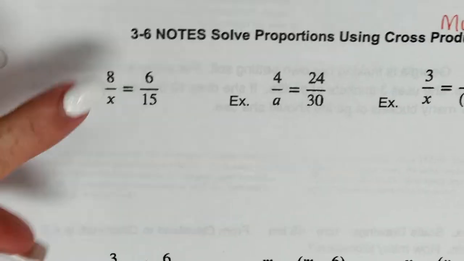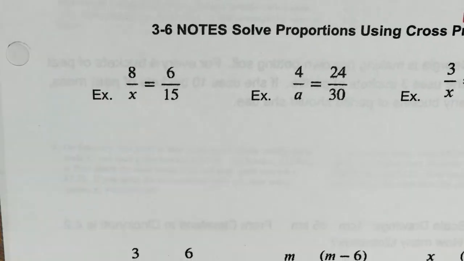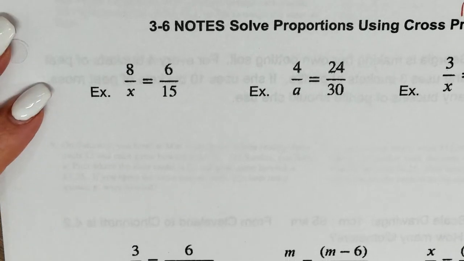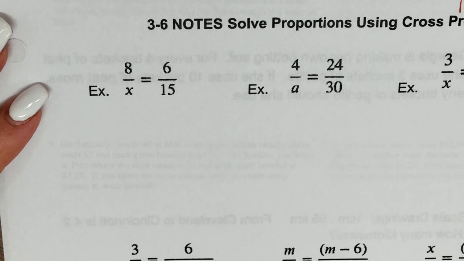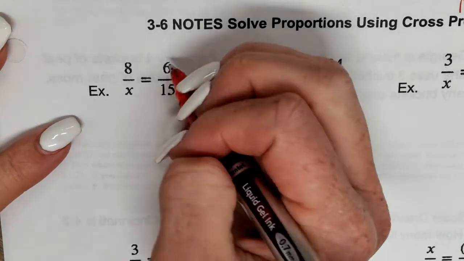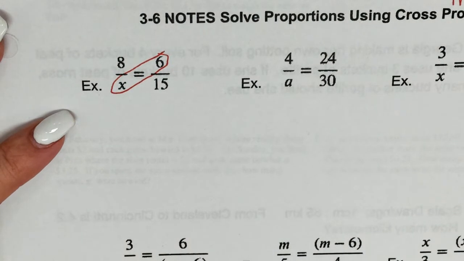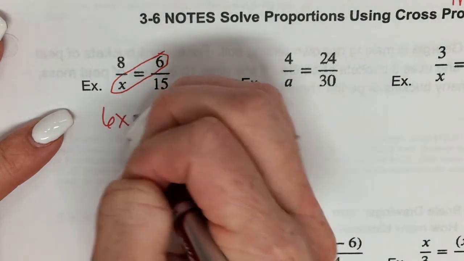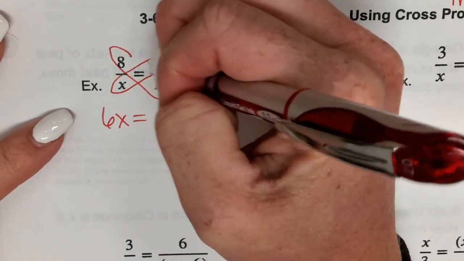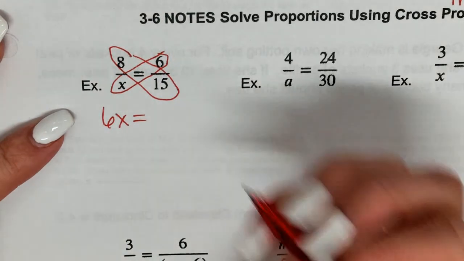All right, so everybody look at the first one. To solve this equation, you cross multiply. So I'm going to do 6 times x. How would I write that? 6x equals 8 times 15, which is 120.